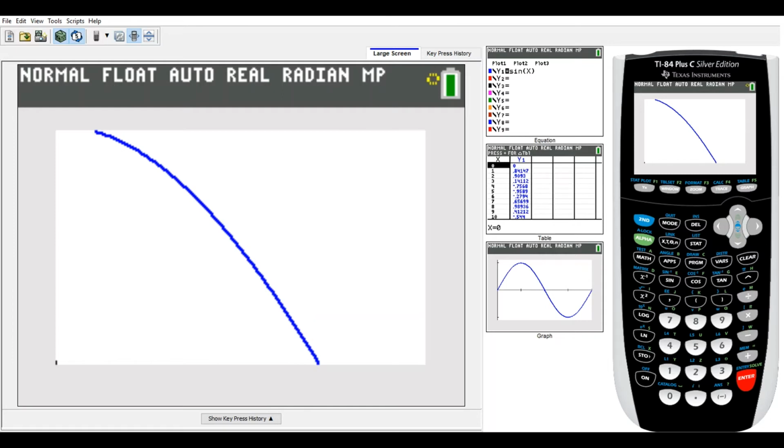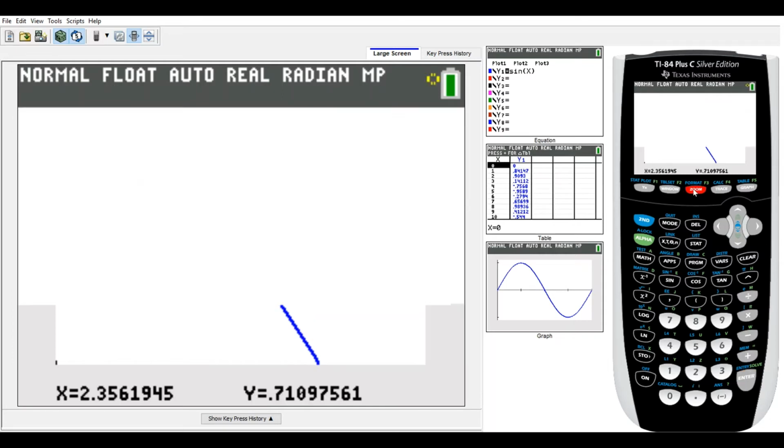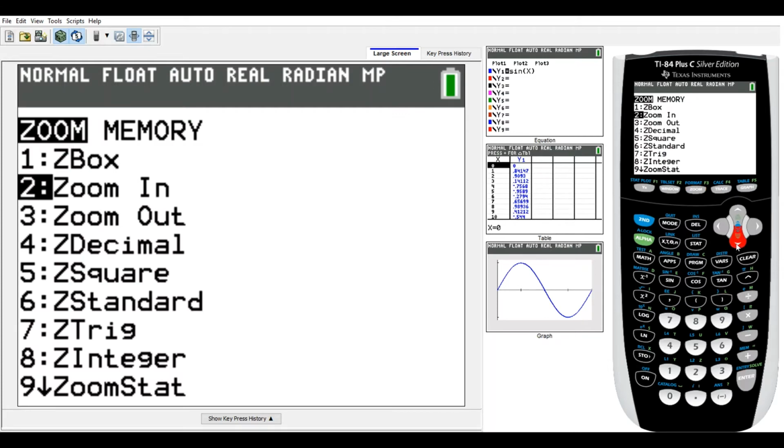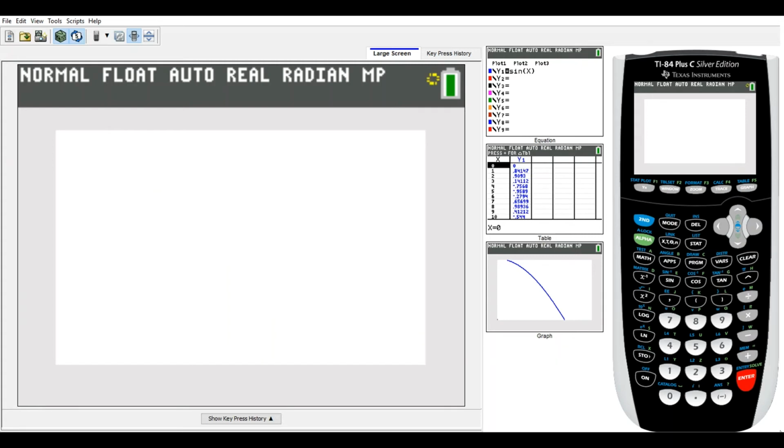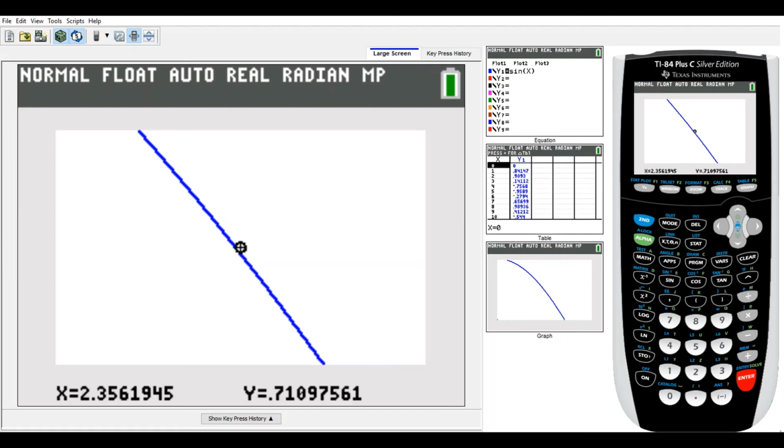You can see, it still looks pretty curvy. Let's hit zoom one more time, go down to zoom in, and one more time there. After zooming in just twice, that is starting to look like a straight line.